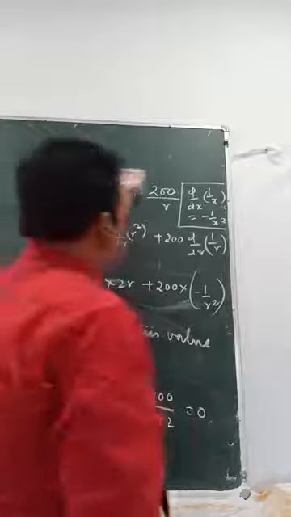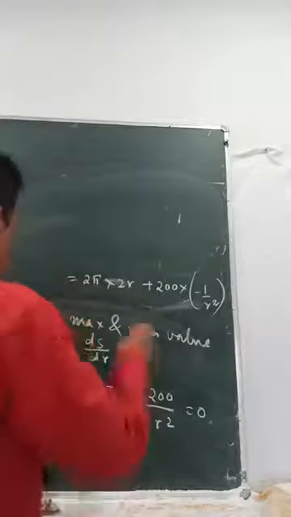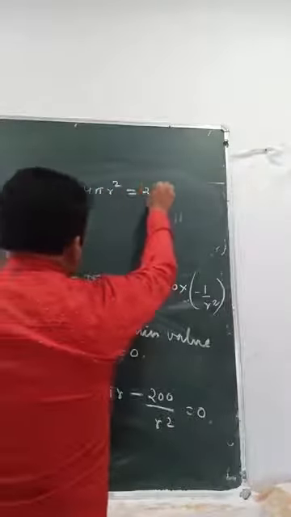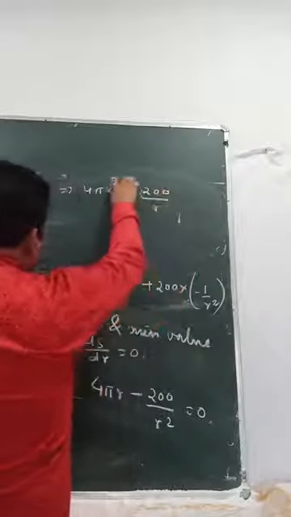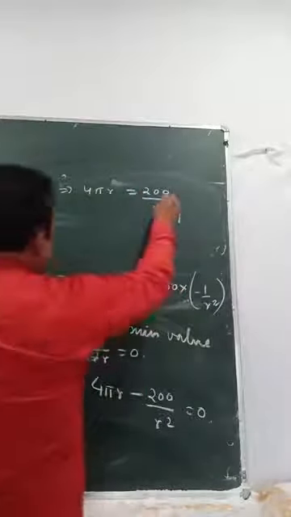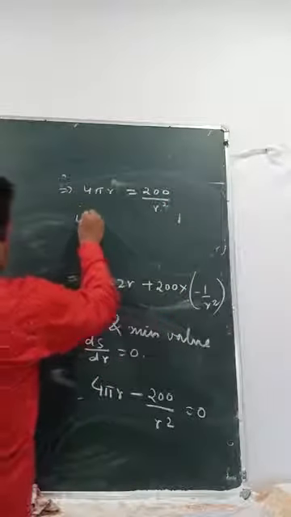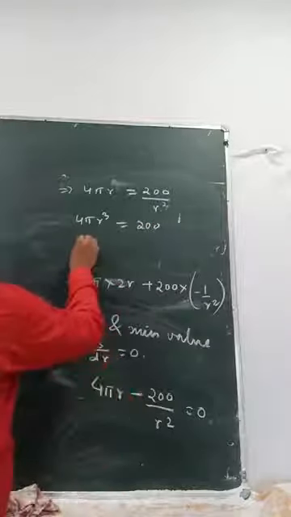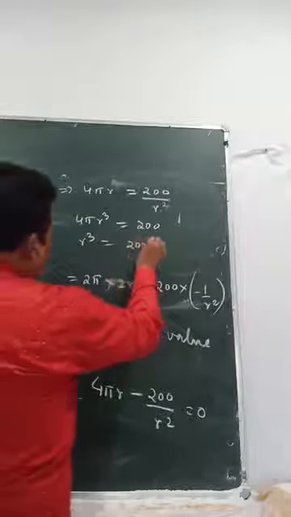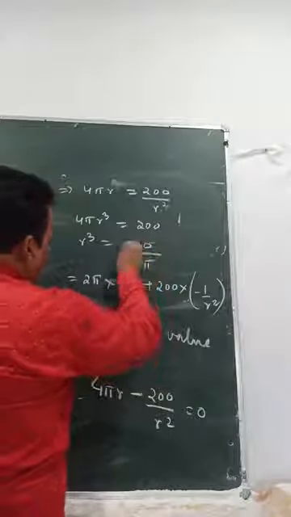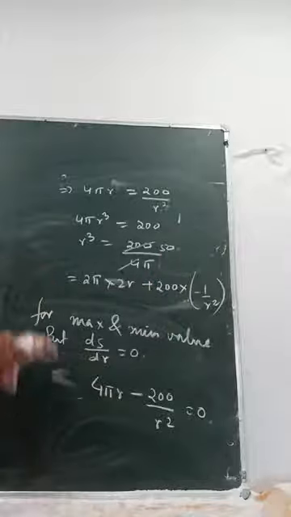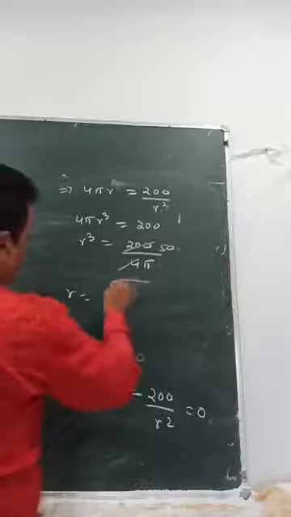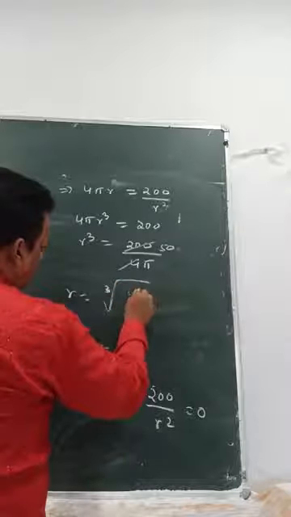Okay, so then implies 4 pi r square equals to 200 by r. If I take here 4 pi r cube equals to 200, r cube equals to 200 by 4 pi, 4 cancelled, 50 by pi, so r equals to cube root of 50 by pi.